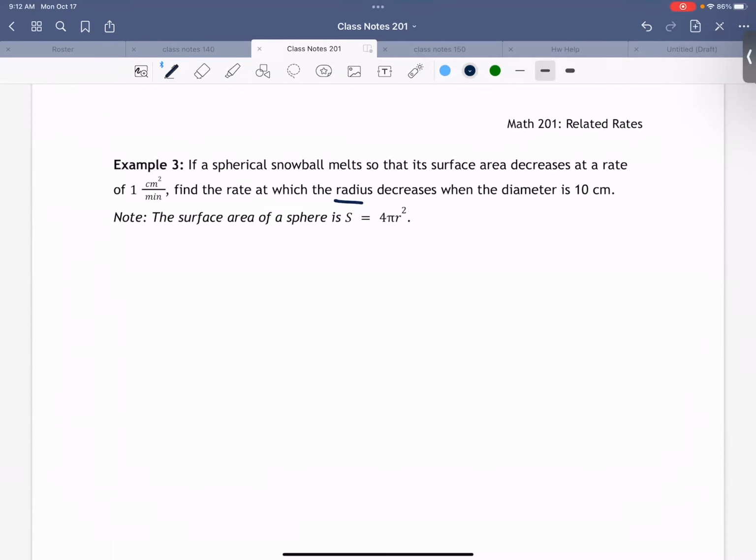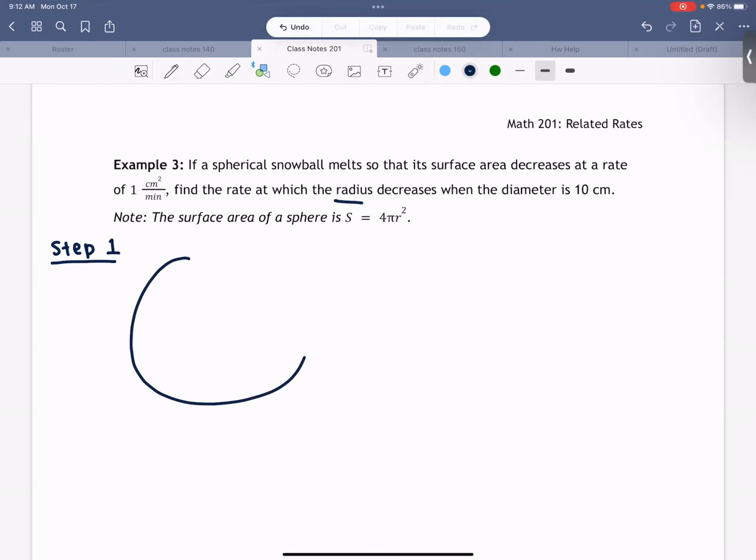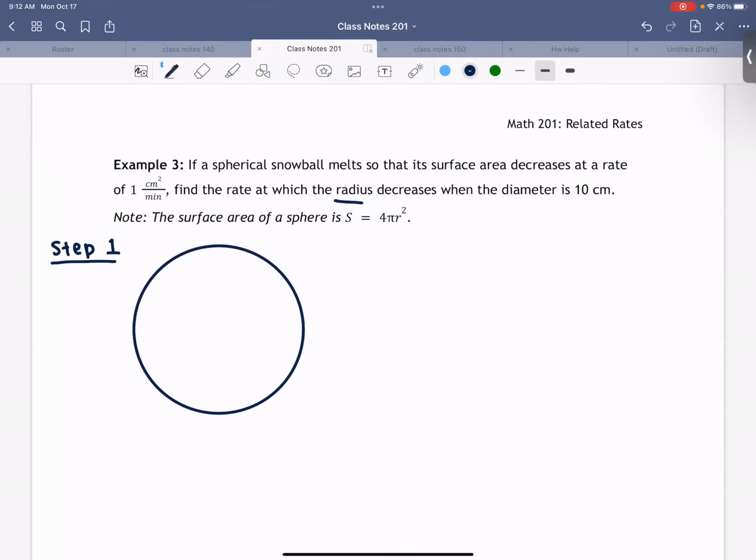Let's go through the steps and see how this one is a little bit different than the examples we've done before. Okay, so step one is drawing our diagram. Okay, now I'm not very good at drawing circles, so I'm going to use my iPad to help me draw this. Let's see if that works. Wow, look at that, perfect sphere. Okay, a sphere has a little diameter and radius that we can kind of draw in here.